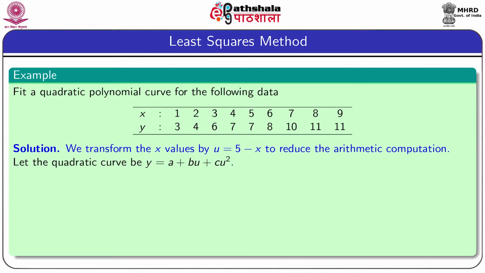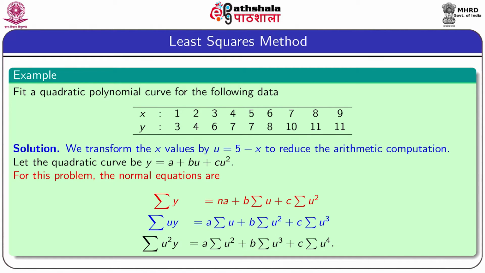Now let us consider an example to illustrate the quadratic curve fitting. Now the problem is to fit a quadratic polynomial curve for the following data set. For simplicity, or to reduce the arithmetic computation, we transform the x values by the formula u = 5 − x. And let the quadratic curve be y = a + bu + cu², where u = 5 − x.